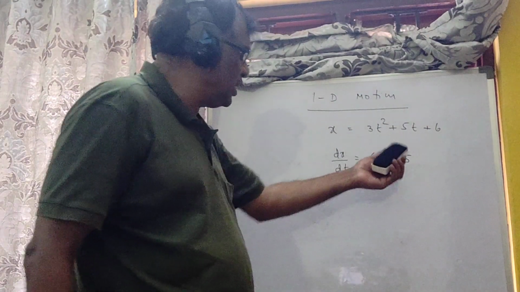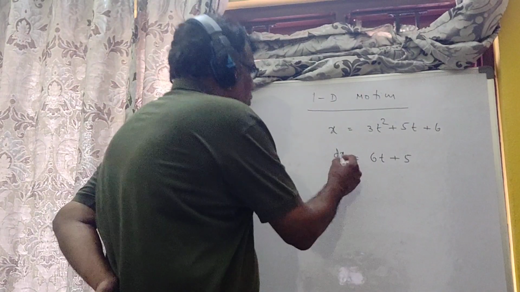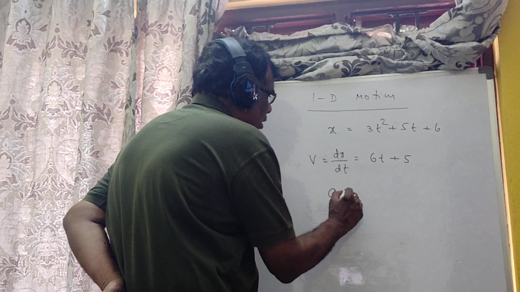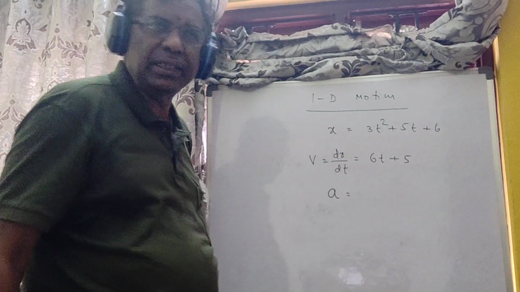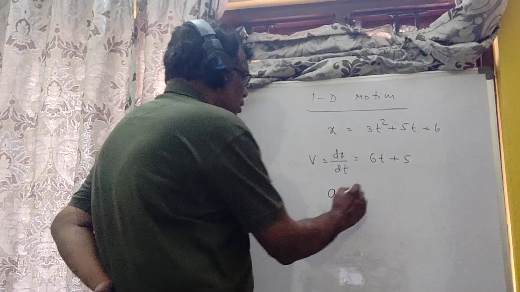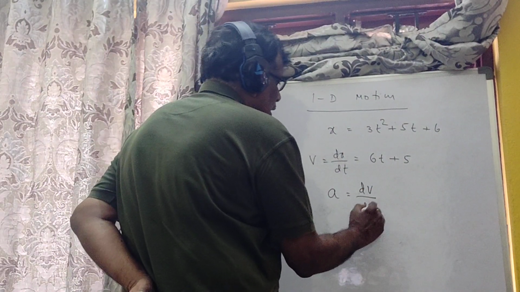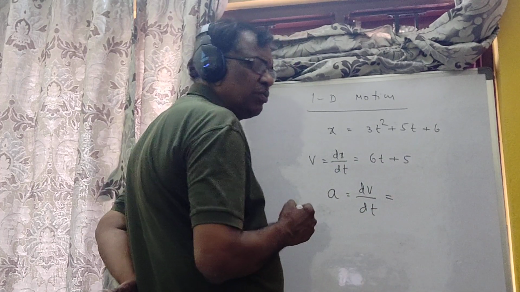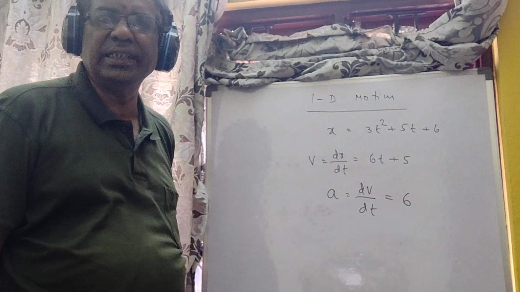Okay, that's how we get the velocity. This is what we call velocity. Suppose I want to get the acceleration. How do you get the acceleration? As I told you, it is dv by dt. So v is this one, 6t plus 5, and 6t if you differentiate you will get 6.